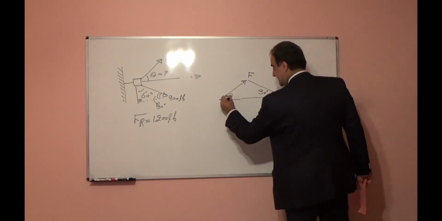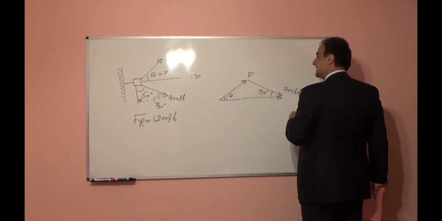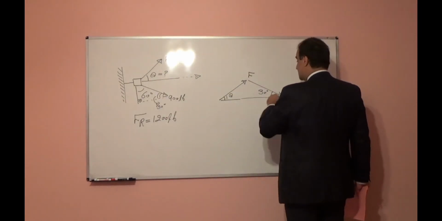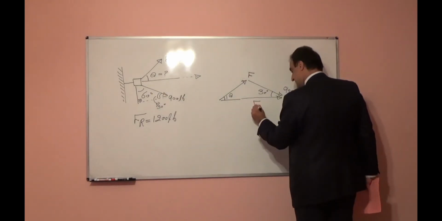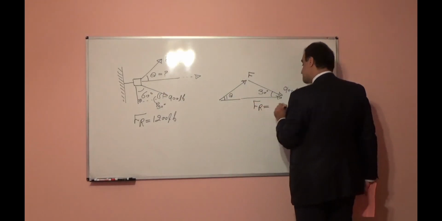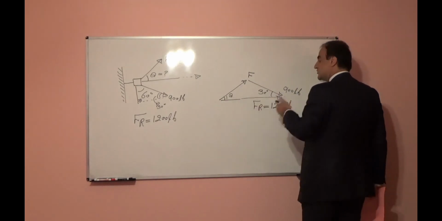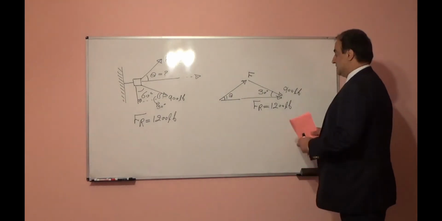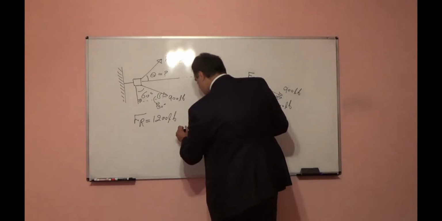So this is theta, we don't know, the magnitude is F, this is 900, and the orientation with the horizontal direction is 30 degrees. And this is our resultant force. The resultant force magnitude is given as 1200 pounds, and it is in the horizontal direction. This is our triangle.